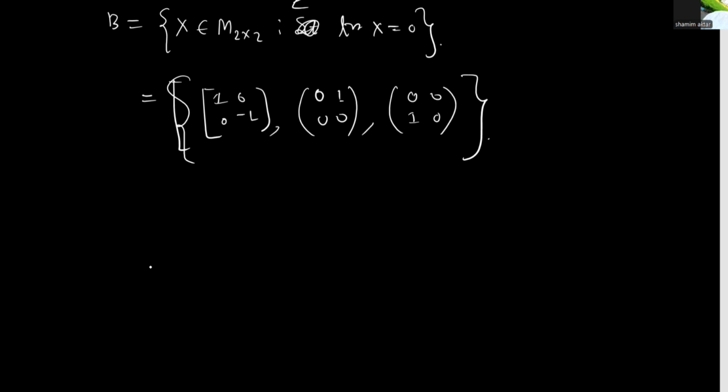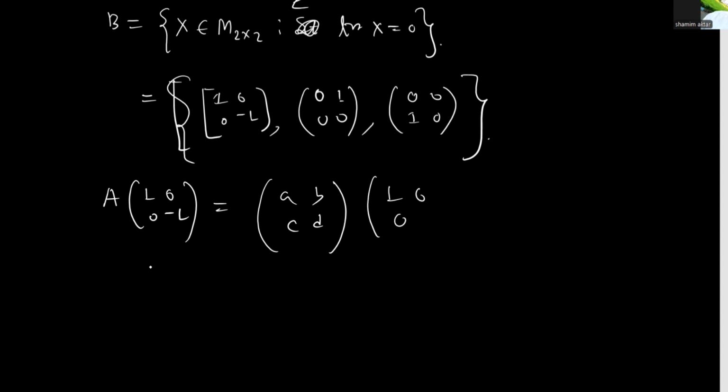Now A into 1 0 0 minus 1 is equal to a, b, c, d into 1 0 0 minus 1, which equals a, minus b, c, minus d.